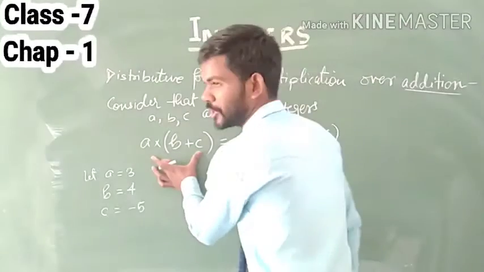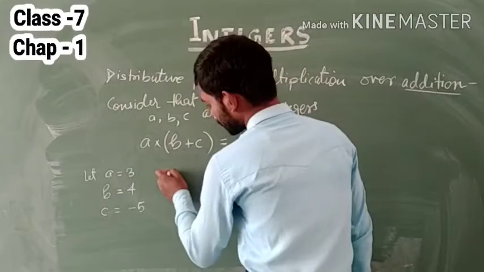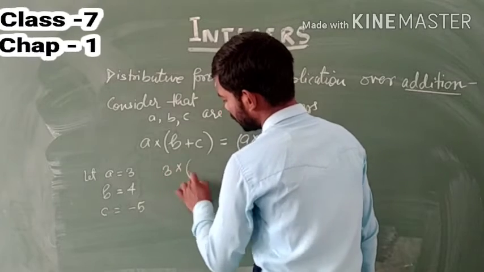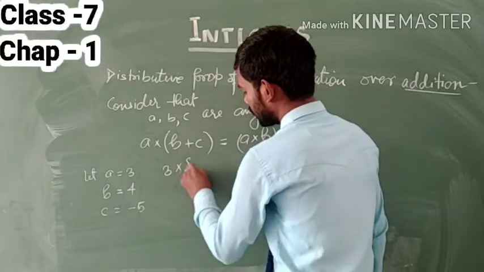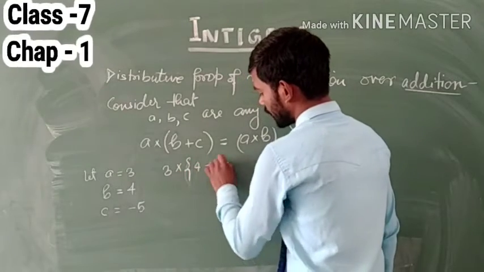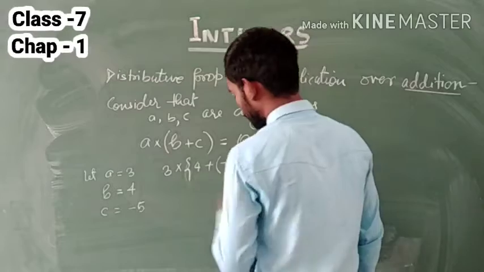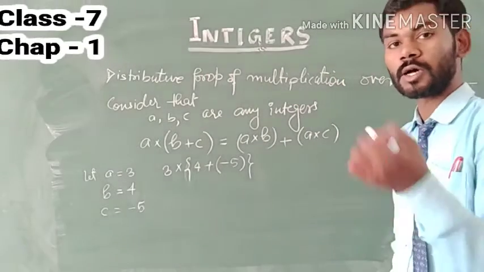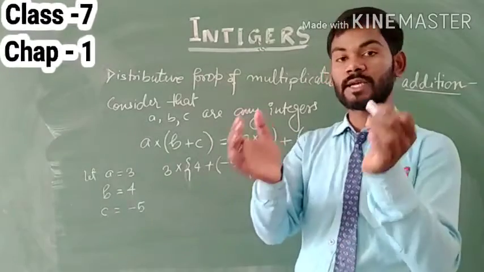Now from the left hand side of this statement, the value of A is 3, so we write 3 multiplied by the value of B, which is 4, plus minus 5. According to the rule of BODMAS, first of all we shall solve the number inside the bracket.